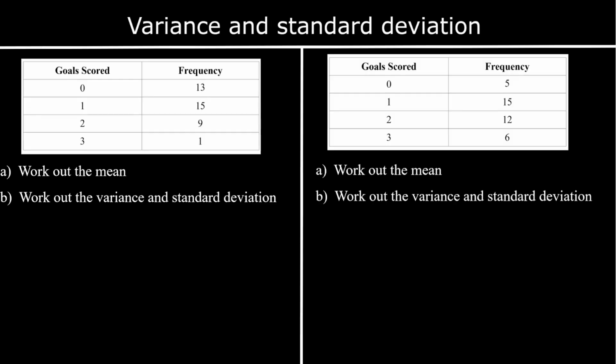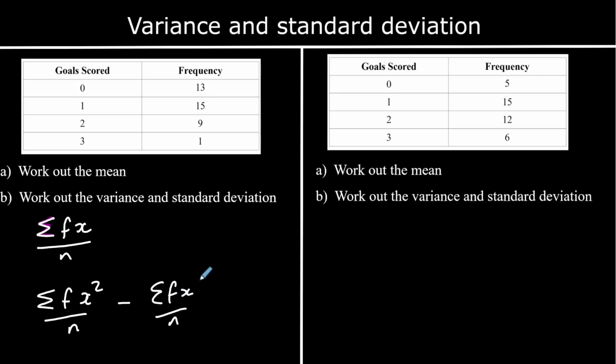This time we've got a table. So it's very similar. For the mean, we're going to have the sum of fx over n, and the variance is going to be the sum of fx squared over n minus, so the mean of the squares minus the square of the mean, sum of fx over n squared.